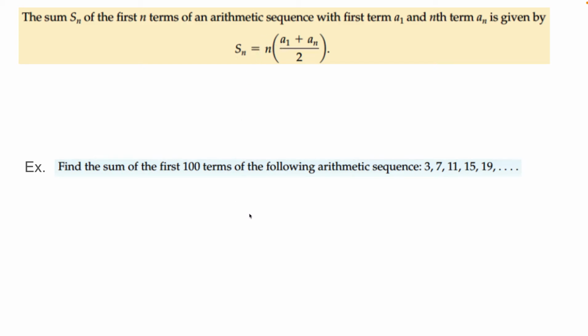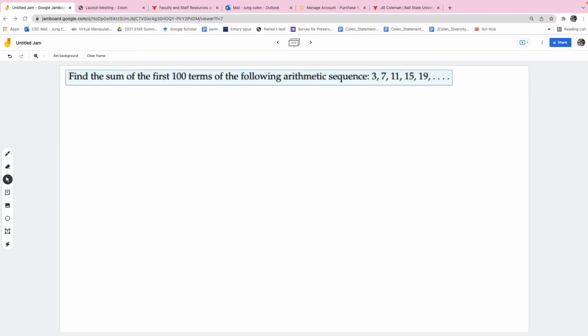Okay, so here is one example. Find the sum of the first 100 terms of the following arithmetic sequence. So we are given an arithmetic sequence. What is an arithmetic sequence? It is when you are adding the same number continuously. So let's examine this together.